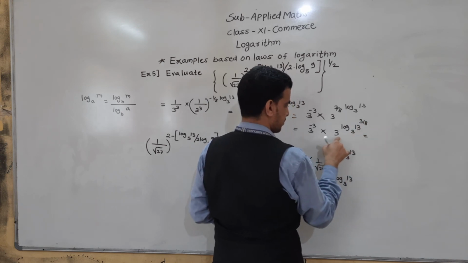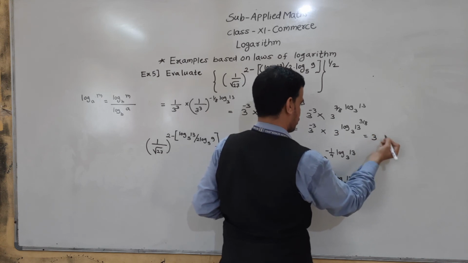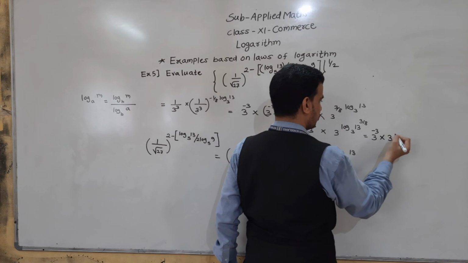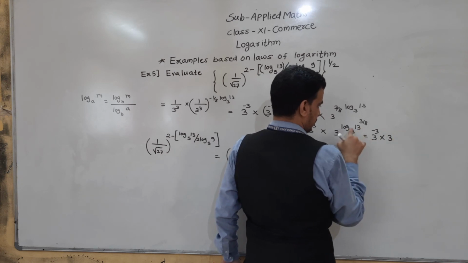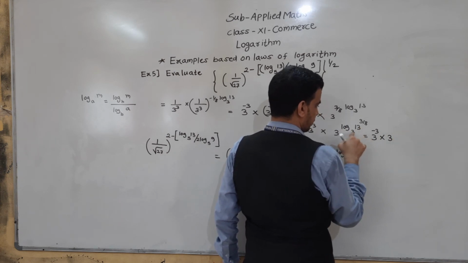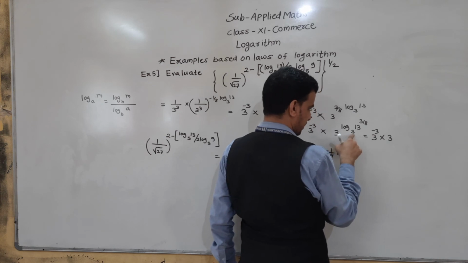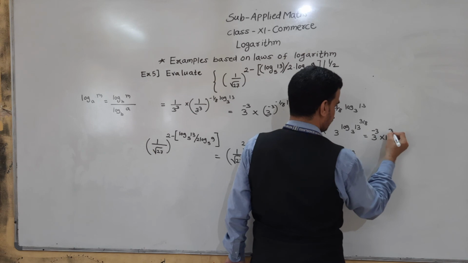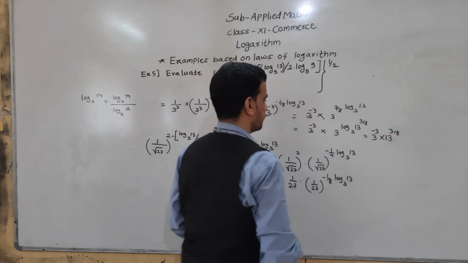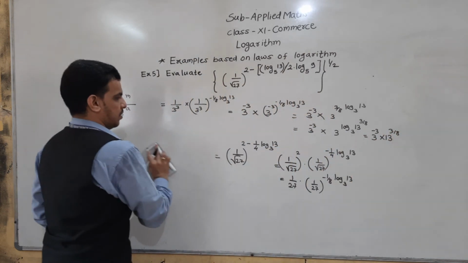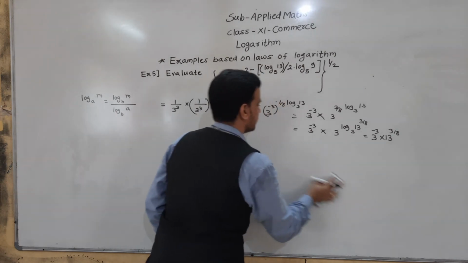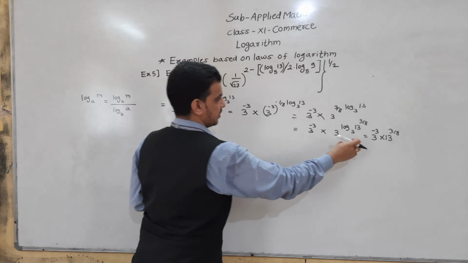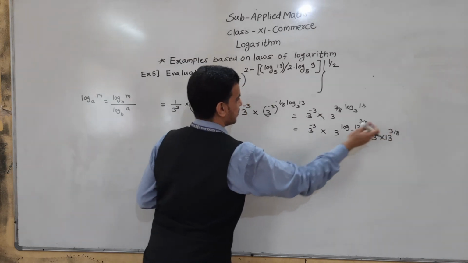Now this base and this base are the same, so 3 raised to minus 3 stays as it is, into 3 raised to log of 13 to the base 3. Since the bases are the same, only 13 raised to 3 by 8 remains. Final simplification: the value of this is 3 raised to minus 3 into 13 raised to 3 by 8.